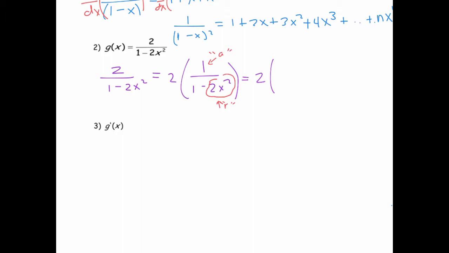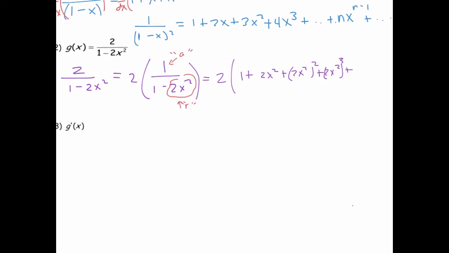So this would be 2 times 1 plus 2x squared plus 2x squared squared plus 2x squared cubed, etc. And then distribute the 2.